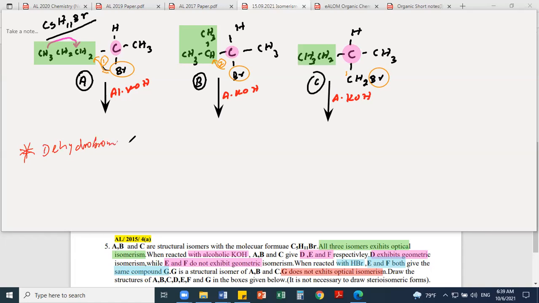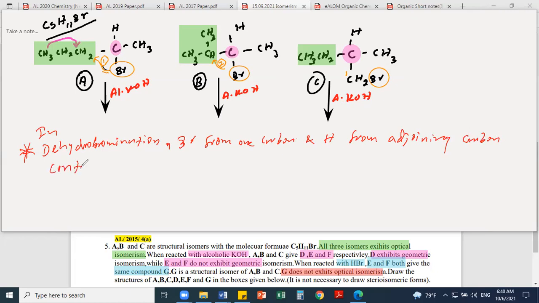In dehydrobromination, Br from one carbon, and this is the most important thing, and hydrogen from the nearest carbon or the adjoining carbon, hydrogen from the adjoining carbon containing the least number of hydrogen atoms.